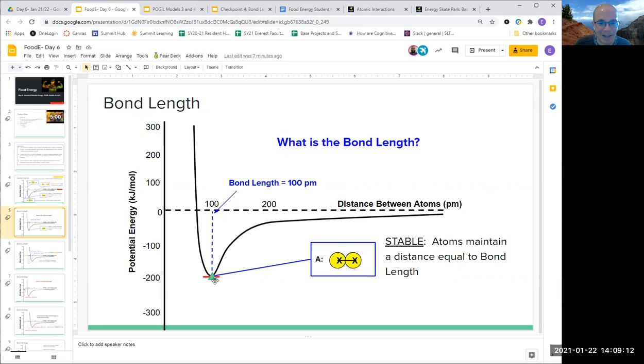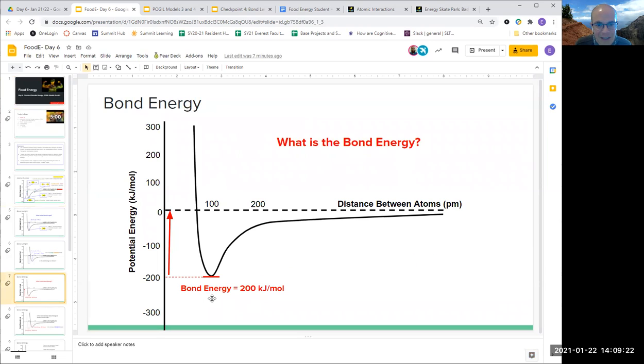To find the bond length, you find the value on the x-axis, the distance between atoms, that corresponds to this point. To determine the bond energy, you find the corresponding point on the y-axis that corresponds to the minimum in the potential energy.